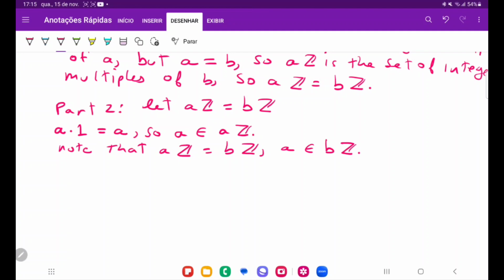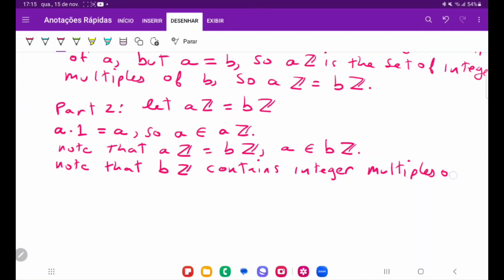If A belongs to BZ, and note that BZ is the set of all integer multiples of B, it means that A is going to be equal to some B times D, where D is an integer.